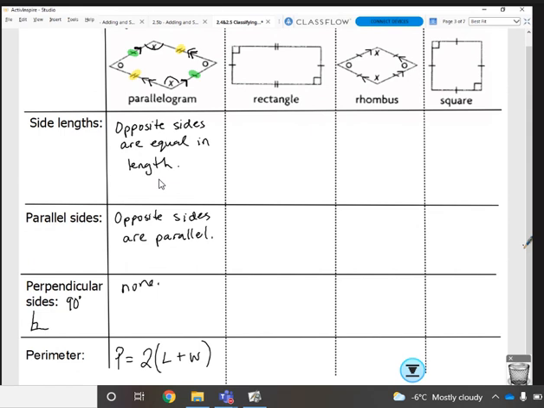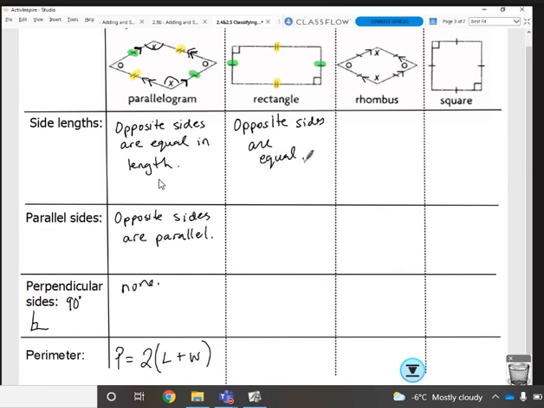Now, I want to compare this to a rectangle. A rectangle's side lengths are kind of the same idea: 1 hash mark, 1 hash mark, 2 hash marks, and 2 hash marks. So it shares the same property as a parallelogram. We can again say opposite sides are equal.